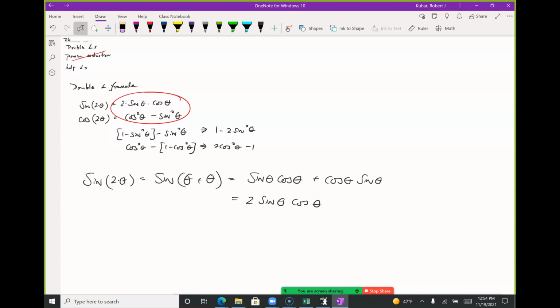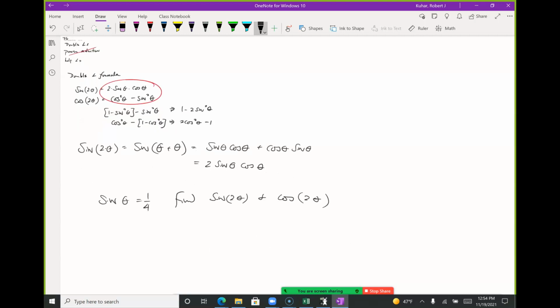So a typical problem that I left out of the homework is this. If I say to you that sine of theta is 1/4, find sine 2 theta and cos 2 theta. So what do I know if I know this?